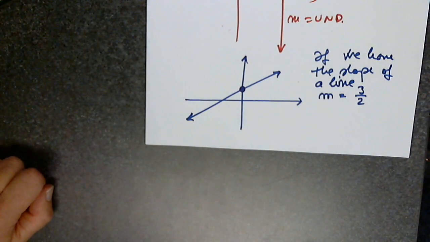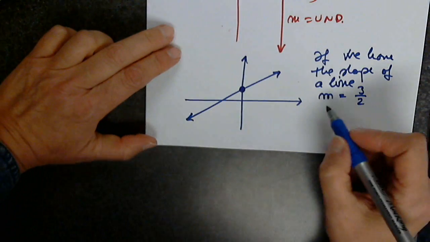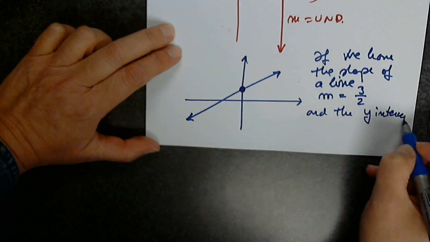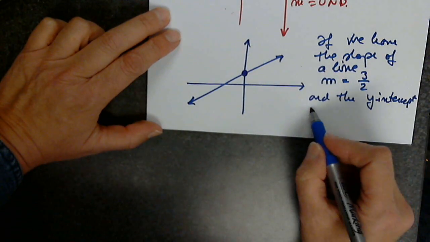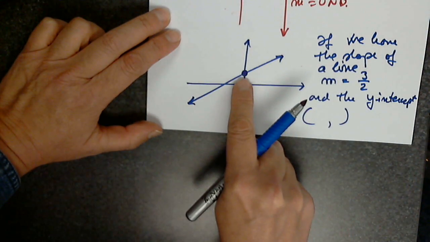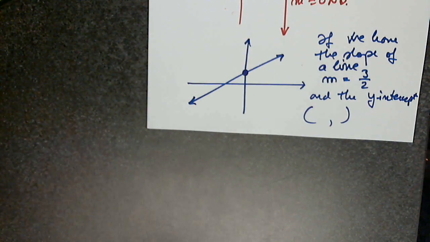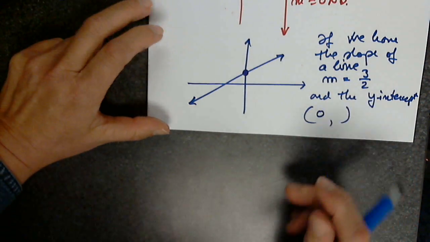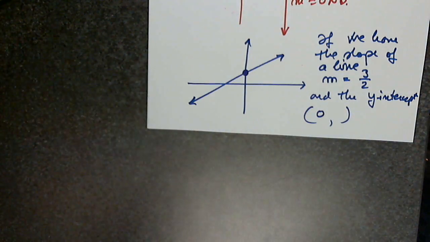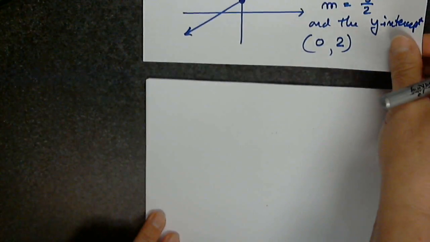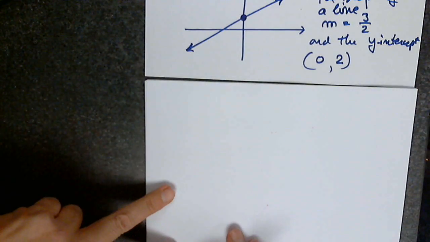So if I have a slope, and assuming I have the y-intercept, can anyone give me a y-intercept? Remember, this is a y-intercept. What do I know about it? For sure, x equals 0, right? So give me the y-intercept. 0, 2. Very good.